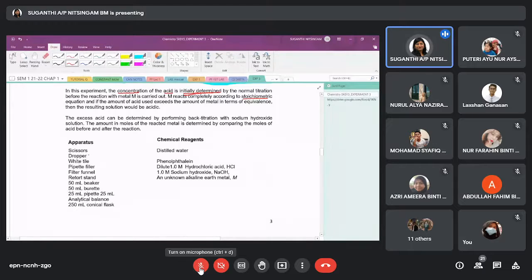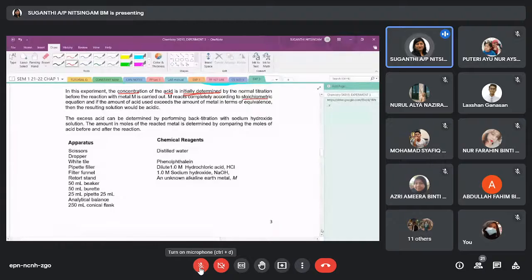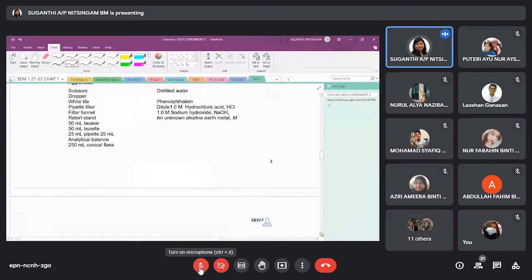So we use scissors, dropper, white tile, pipette filler, filter funnel, retort stand, 50 ml beaker, 50 ml burette. Okay, and then you have a pipette, analytical balance, and conical flask. Okay, so before that, let's see the procedure first, then we look at the video.